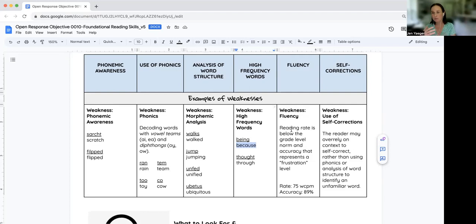Perhaps their fluency rubric shows a weakness in words correct per minute, which you will have enough information to determine that. Or perhaps their expression or phrasing shows a weakness. You could relate to that. And finally, a child who is over self-correcting, using context rather than the code of the English language to determine an unfamiliar word, would have a weakness in the overuse of self-corrections.